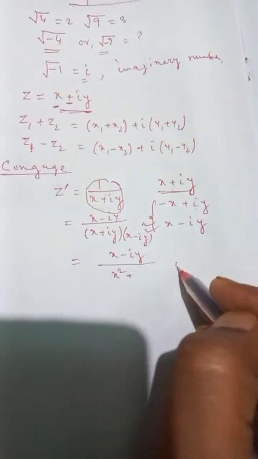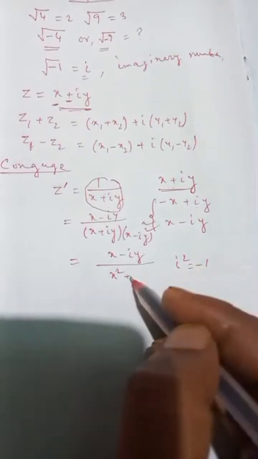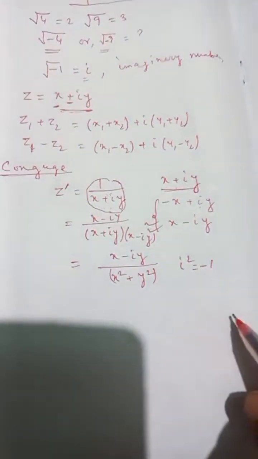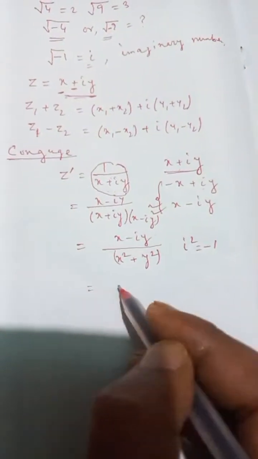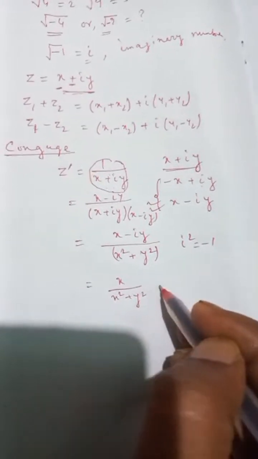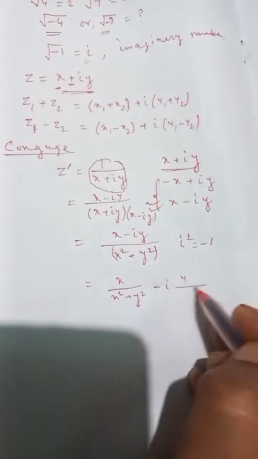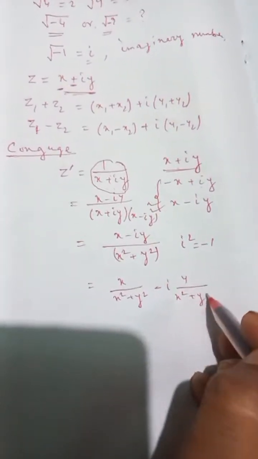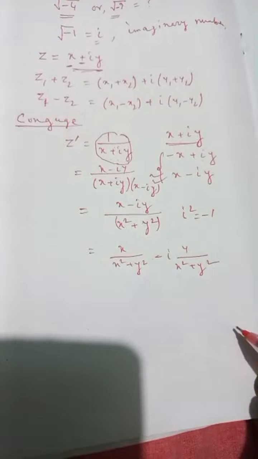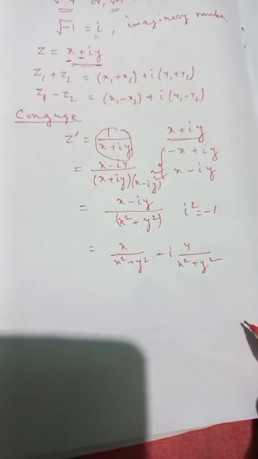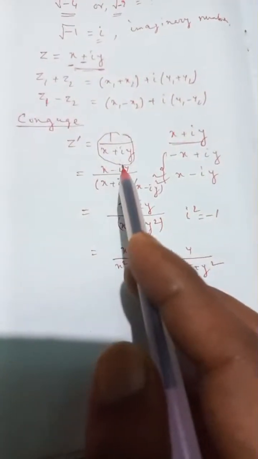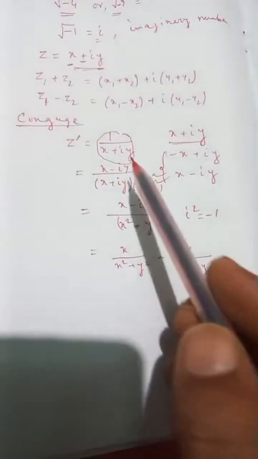Iota square will be minus 1, so the denominator will be x square plus y square. So this can be written as x by x square plus y square, minus iota y by x square plus y square. In this way we can use conjugates to find complex numbers if they are written in this way.